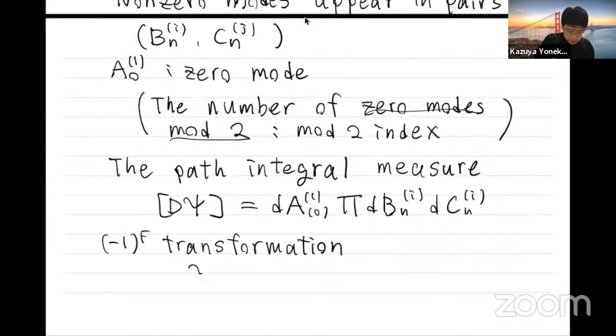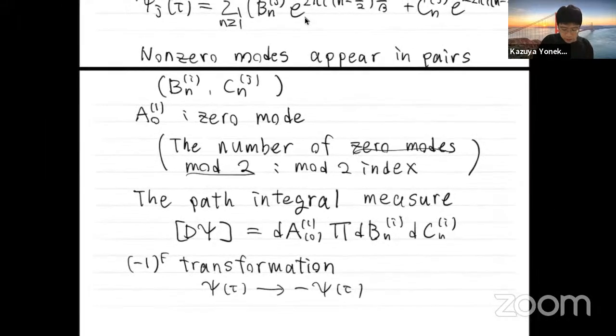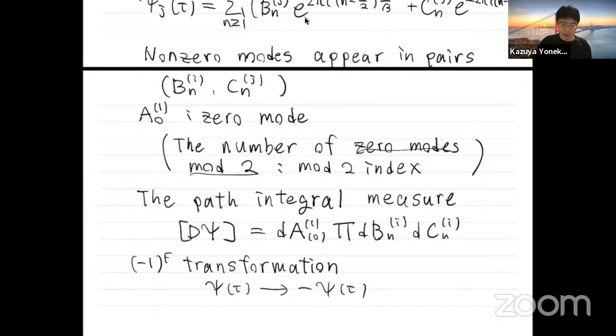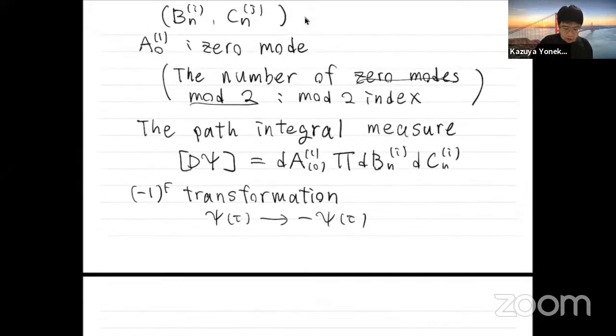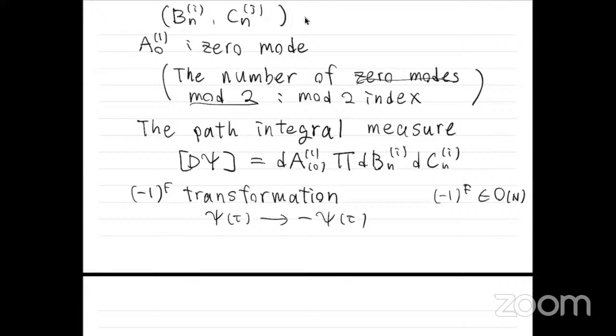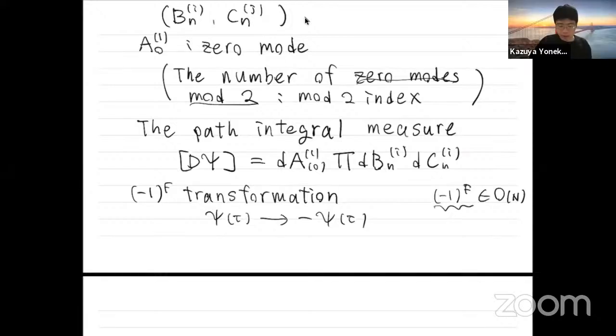This is a symmetry which just changes the sign of the fermions. So fermions go to minus the fermion. In theories which contain fermions, this symmetry always exists. You can also consider it as a subgroup of O(N) in the present case. But this part always exists in any theory which contains fermions. So let's consider this fermion parity.